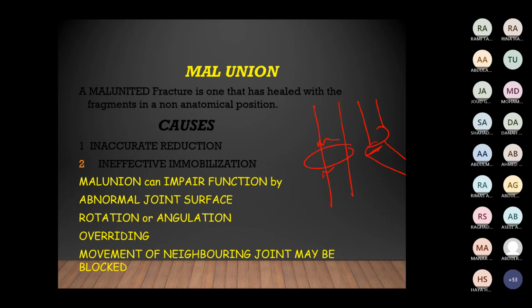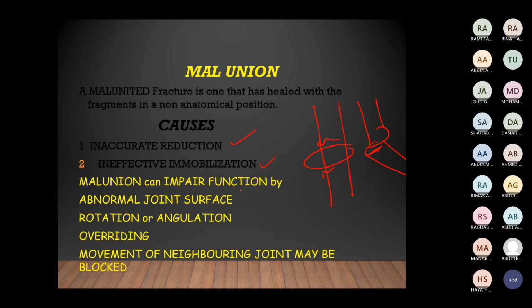Malunion. What are the different causes? They might ask you this. Inaccurate reduction, because the technique by the orthopedic surgeon is not good, or ineffective immobilization. You have to immobilize by a sling or crutches. If you don't immobilize properly, then there is a malunion.